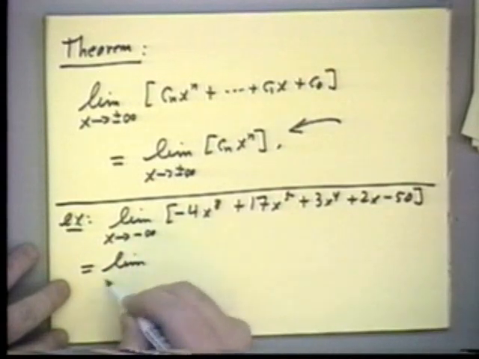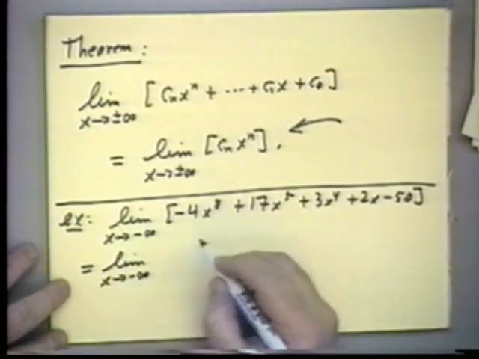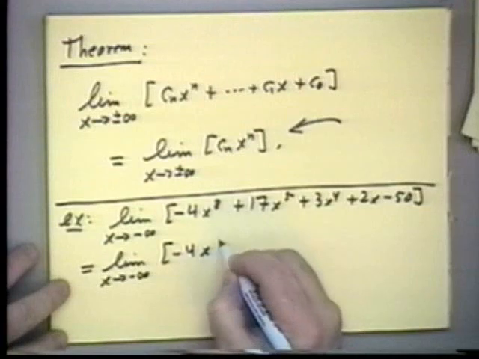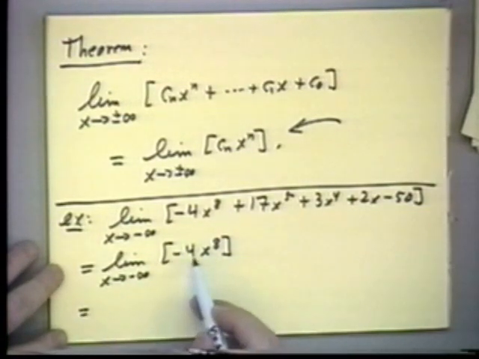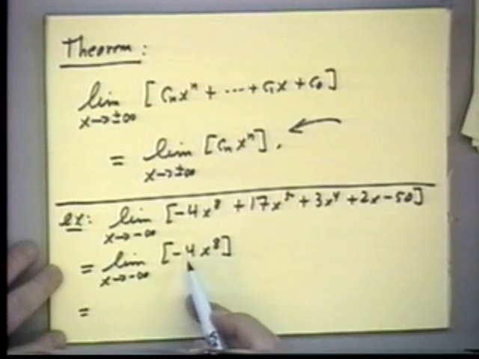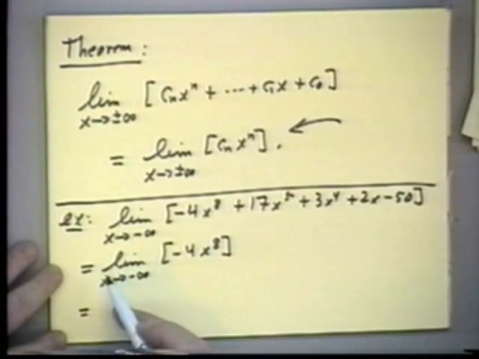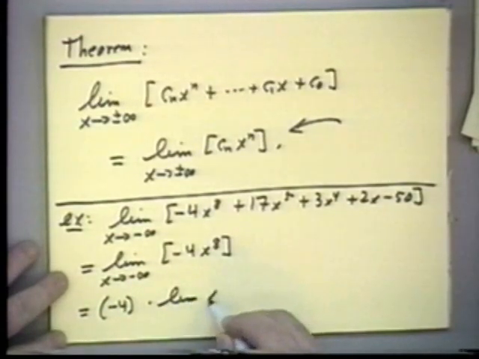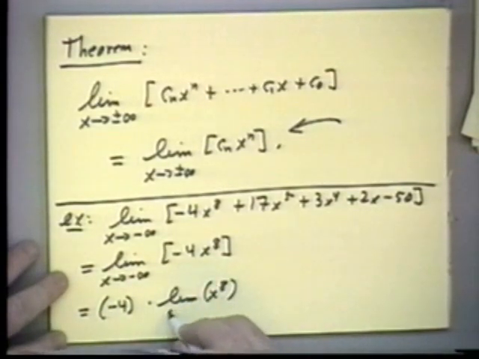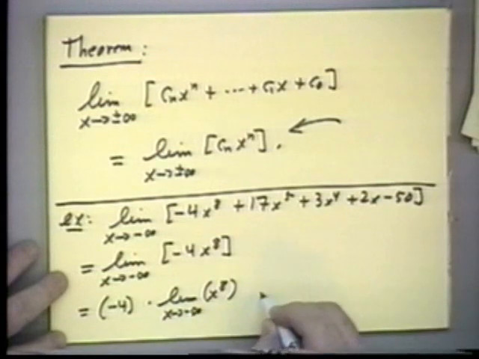So this is the same as the limit as x approaches minus infinity of just minus 4 times x to the 8th. Well, from my previous knowledge of limits, I know that if I have a constant here, I can pull that out in front of the limit. So this becomes minus 4 times the limit of x to the 8th as x approaches minus infinity.